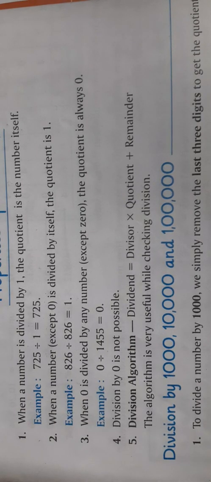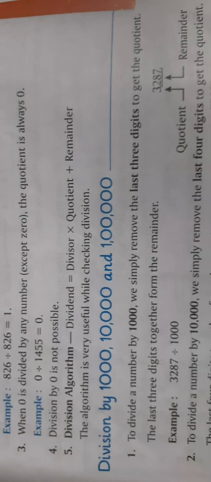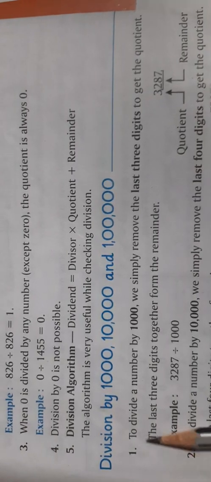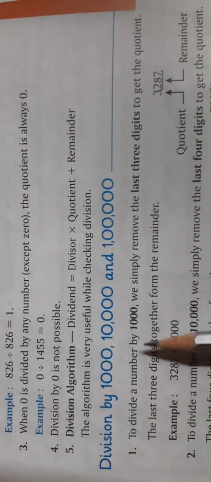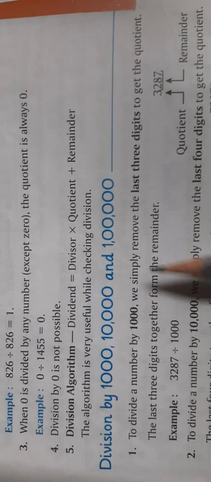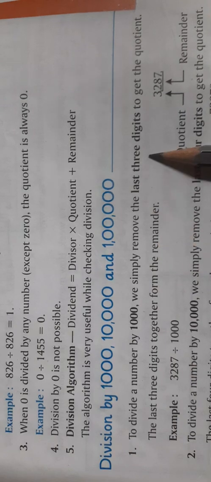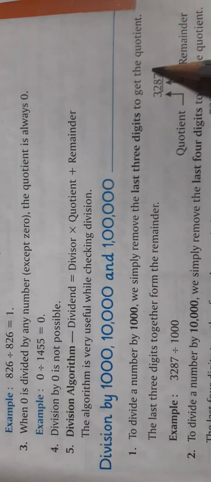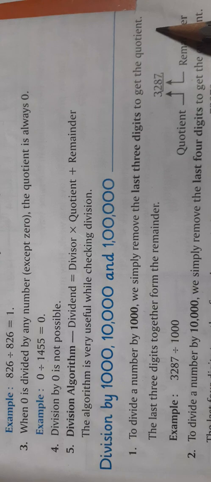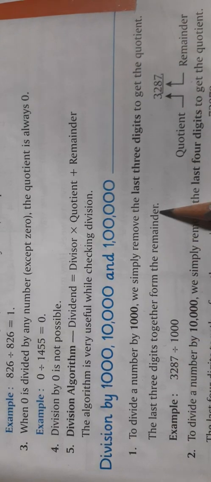Now let us see division by 1000, 10,000 and 1 lakh. To divide a number by 1000, what do we do? We simply remove the last 3 digits to get the quotient. The last 3 digits together form the remainder.